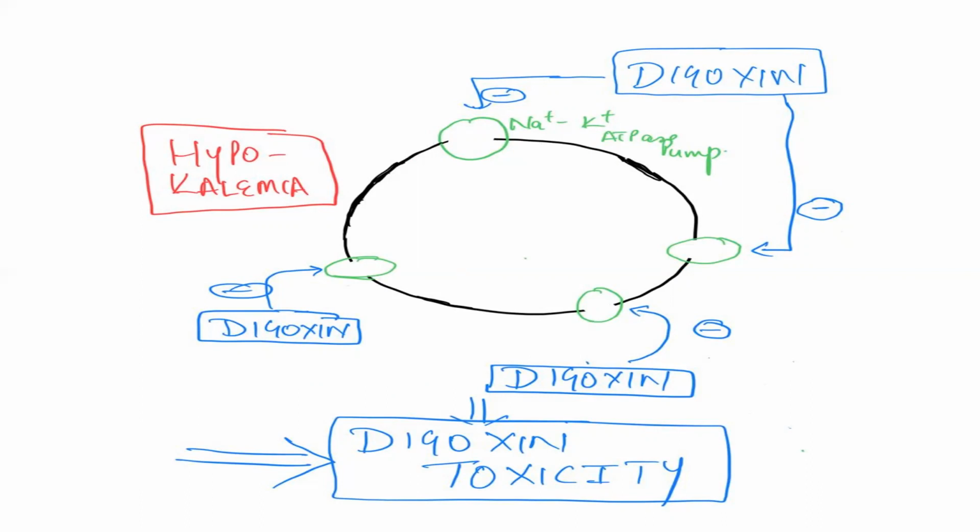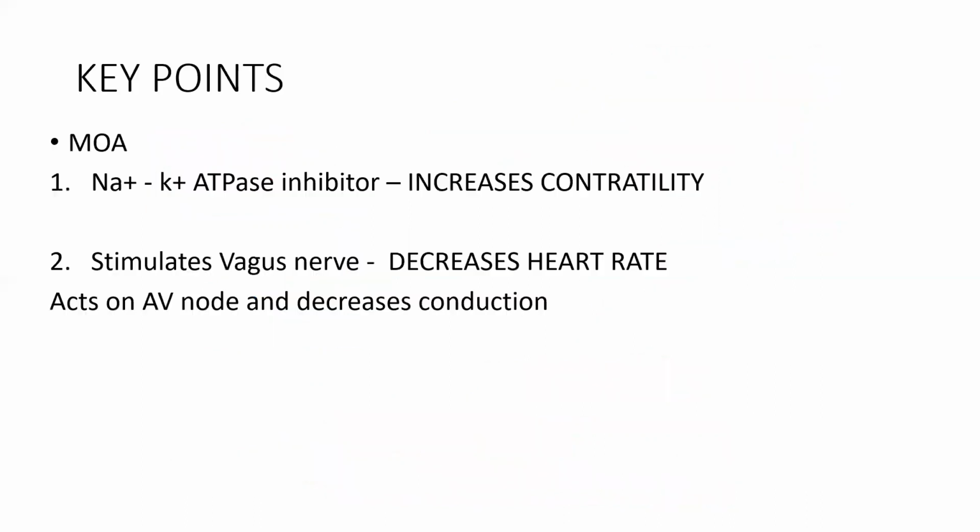The patient will have increased cardiac side effects of digoxin. And you know what goes side by side with calcium is magnesium. So hypomagnesemia will also have similar effects. So basically remember the three electrolytes, potassium, calcium, and magnesium whenever your patient is on digoxin.